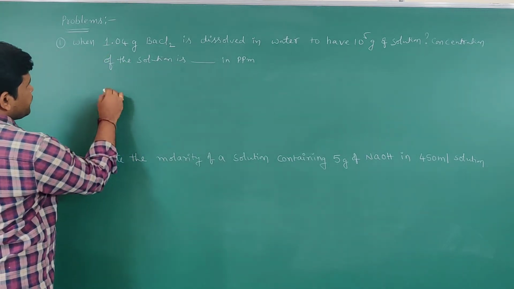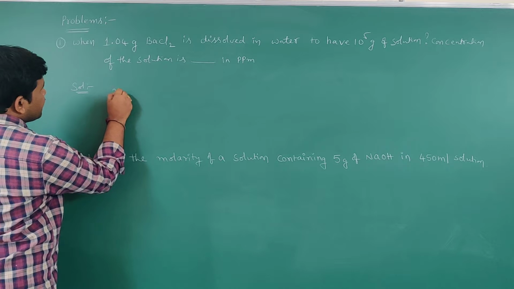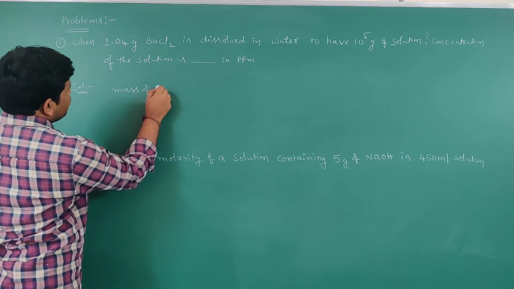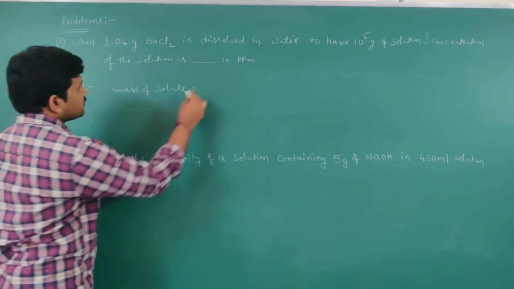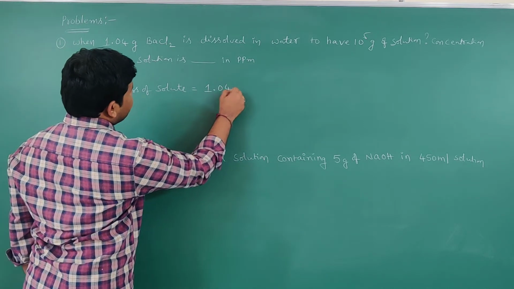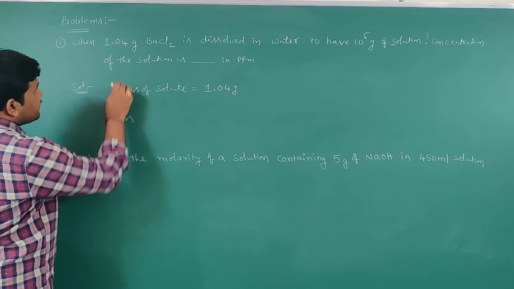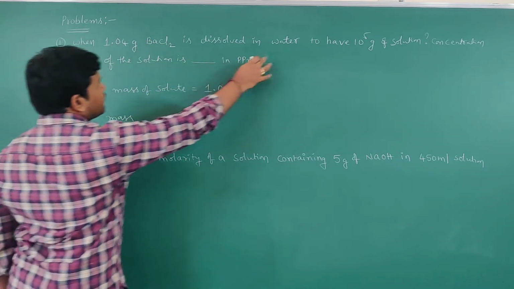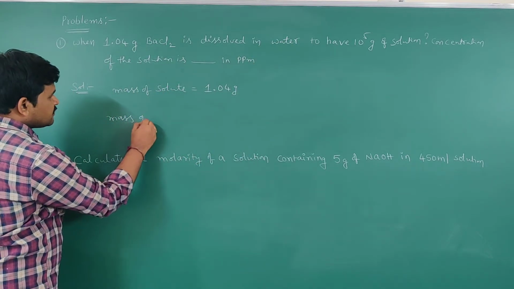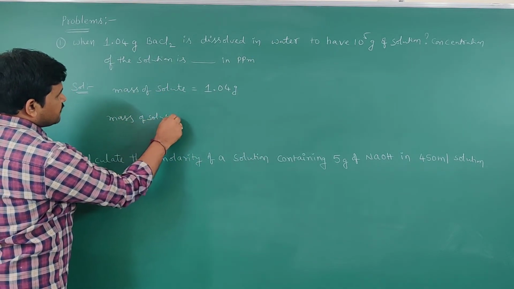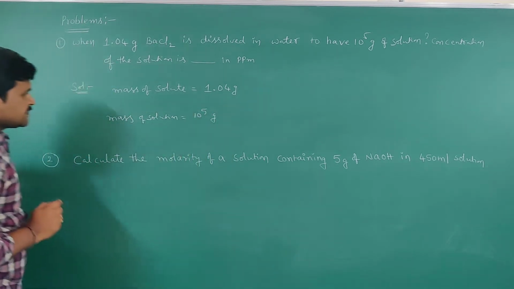So while we are calculating, mass of solute is equal to 1.04 grams. When 1.04 grams is dissolved in water, what is the solution we are getting? 10 power 5 grams. So that's why mass of solution is equal to 10 power 5 grams.